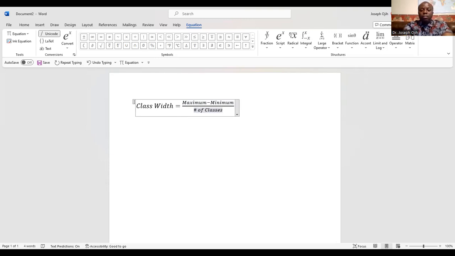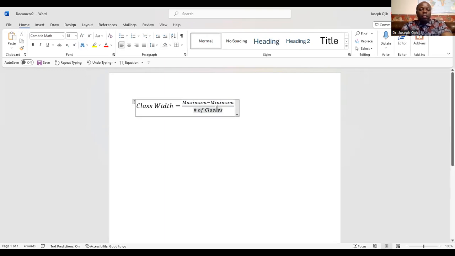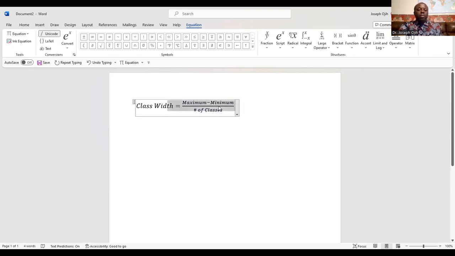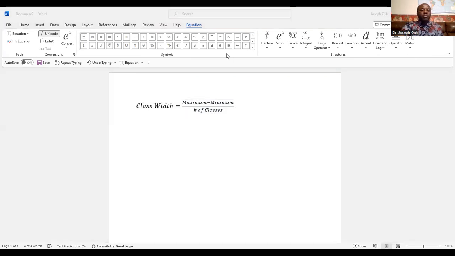So this is the formula right here: maximum minus minimum divided by number of classes. Make sure you're seeing it.